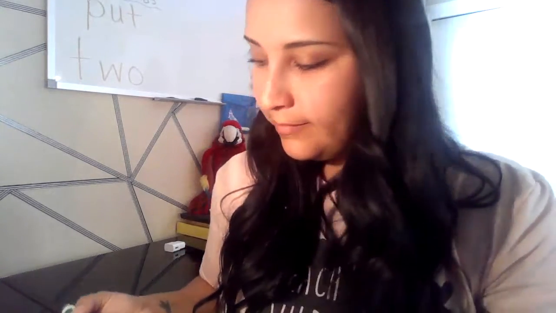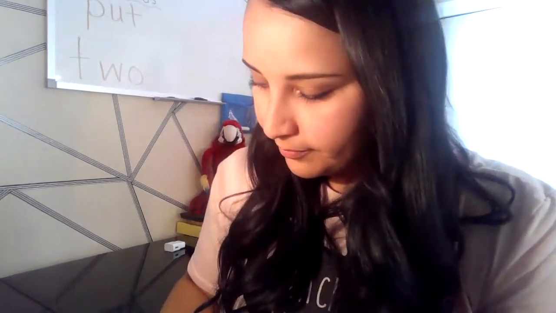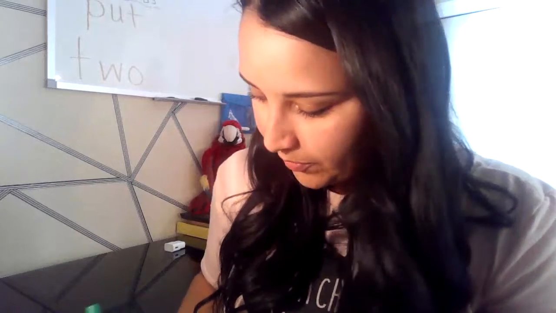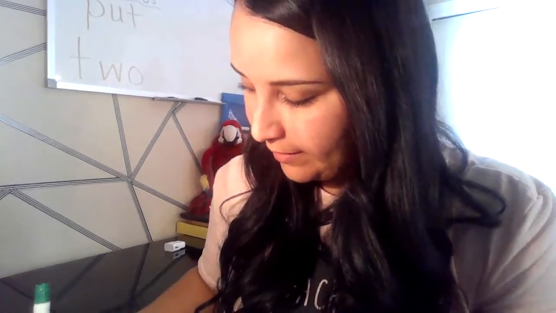Next shape also has 4 sides, also has 4 corners, but something's different about this one. Has 2 long sides and 2 short sides. Now if you said square, it is not right, but if you said rectangle, you are right.